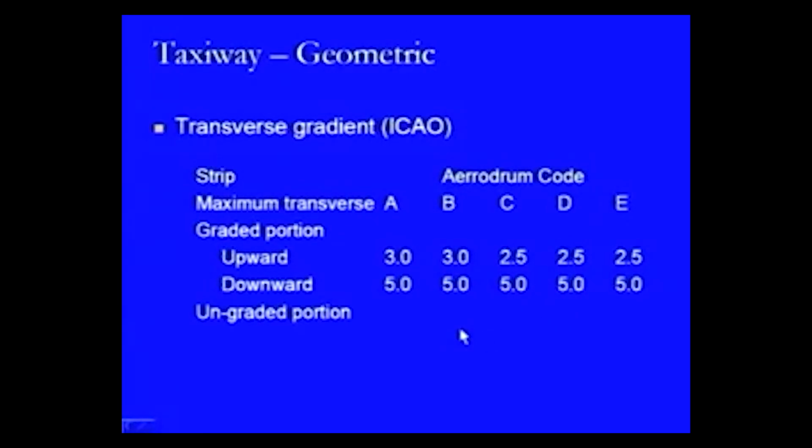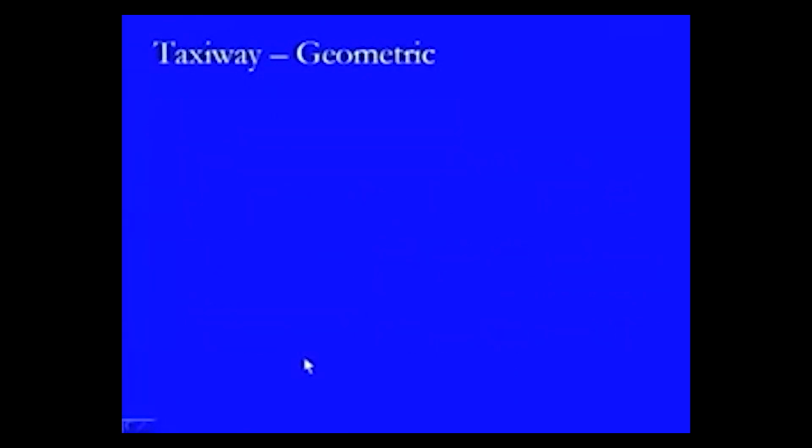Similarly, in the case of ungraded portion, if it is in the upward direction, the value remains as 5%.